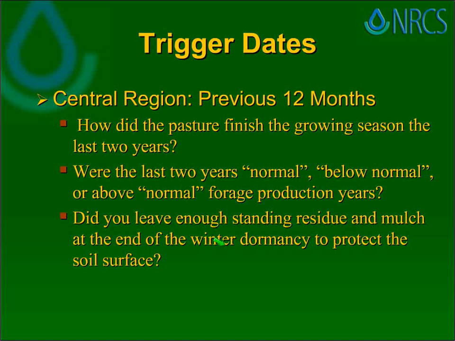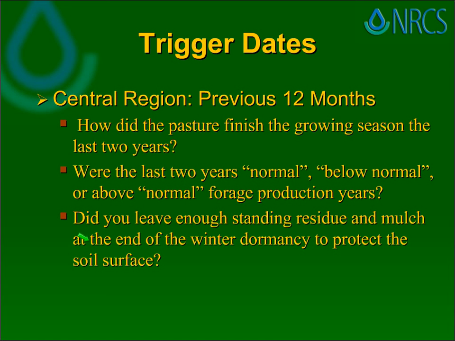All right. So for the central region, that's the one I'm going to use as an example. What we then do is look at these previous 12 months and ask these questions. How did the pasture finish the growing season? Was it short, normal, below normal, above normal? Did it finish strong? Jerry talked about this a little bit last time. And the bigger question, especially during these droughts, is did you leave enough standing residue and mulch at the end of the winter dormancy?